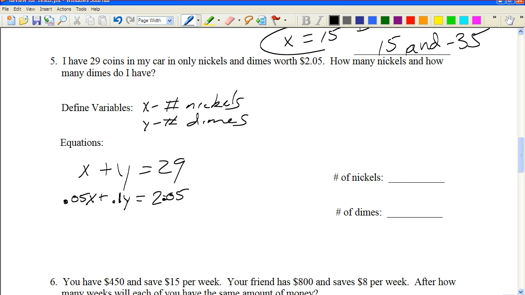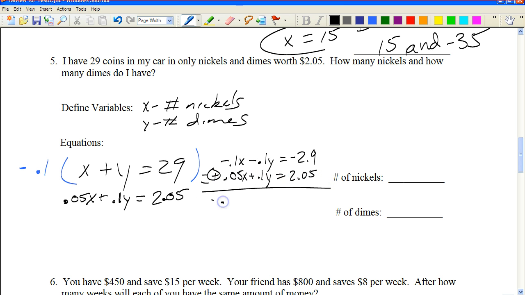Now what I'm going to do is get the same variable, different sign. So I'm going to multiply the first equation. I'm going to get rid of the y, so I'm going to multiply it by negative 0.1. So negative 0.1x minus 0.1y equals negative 2.9. Then 0.05x plus 0.1y equals 2.05, and we're going to add those.